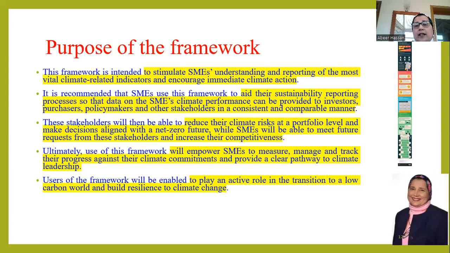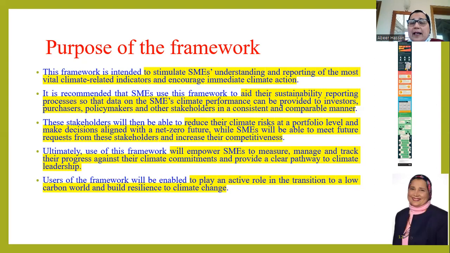So the framework will help this sustainability reporting process, so that data on the SMEs' climate performance can be provided to investors and purchasers and policymakers and employees, etc. Because as I mentioned in the previous video, investors nowadays, and even financial institutions, have as one of the main criteria for providing loans something about nature.